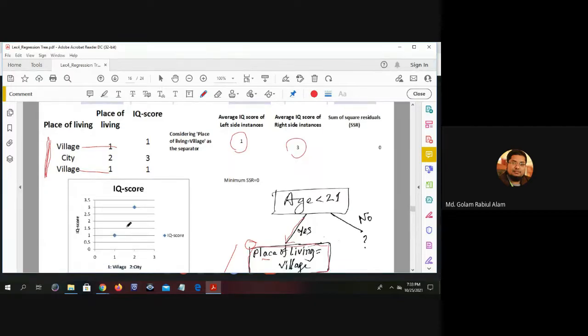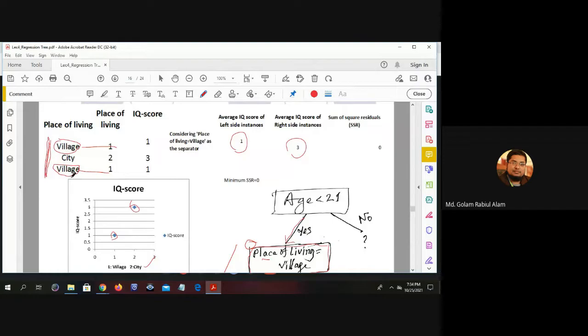The place of living, village and city. Here, one is the village, two is the city. So for the IQ scores, we can see that this is the 3 IQ score for the city people and 1 IQ score for the village people. Or we can say that the left side instances are village and the right side instance is city.